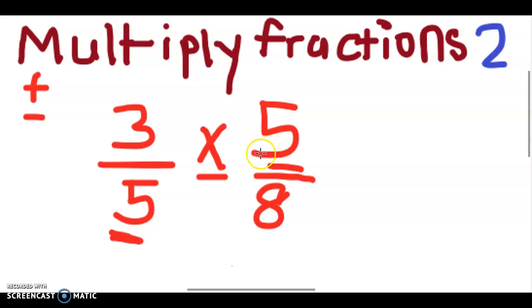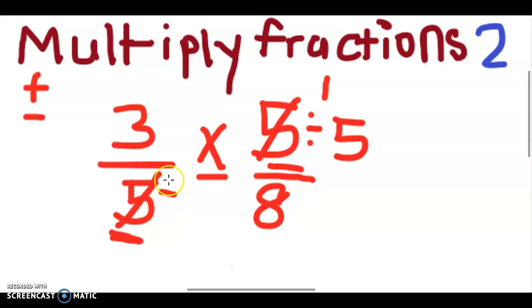So let's start. 5 divided by 5 is 1. What you do to the numerator, you must do to the denominator. 5 divided by 5 is 1. As you can see here, I have simplified 5 and 5 into 1. So, let's multiply the fractions. Before we multiply, let's write it down again.